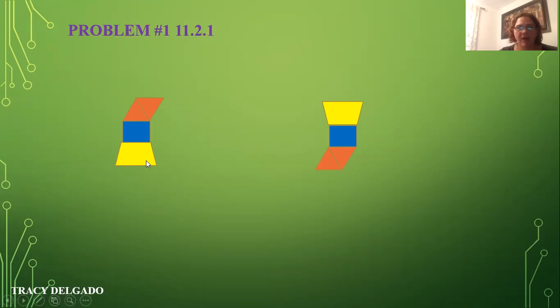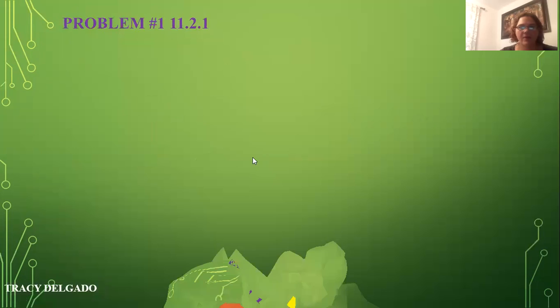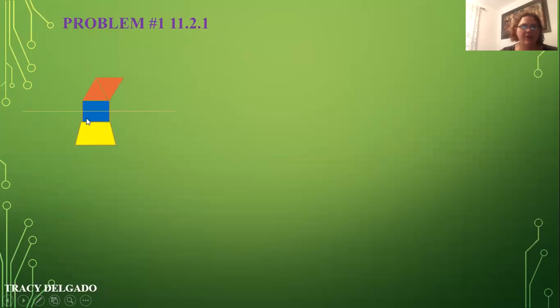Well, if we look at our shape like this, and then we look at what they've done over here, it's not reflected. They have rotated it. So if we're going to fix the problem, the horizontal line would reflect through the square and the figure would flip, keeping everything the same angle.